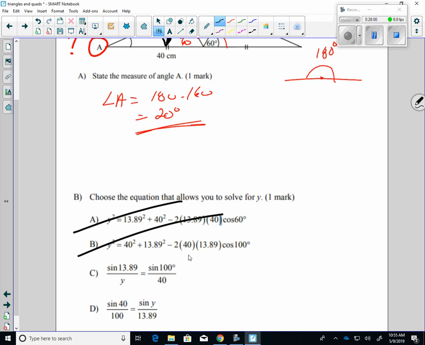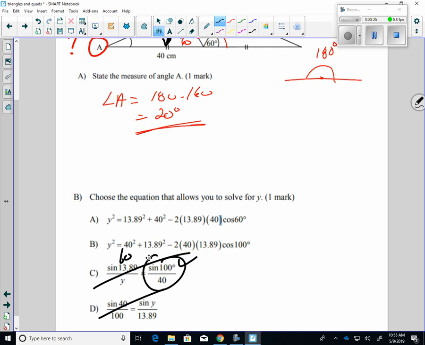This side of it is right, but that should be sine 60. That's not correct. How did they get 13.89? We need an angle there, and they're suggesting that it's a side, so sine. Those ones don't work either. Maybe one of these two is going to work.